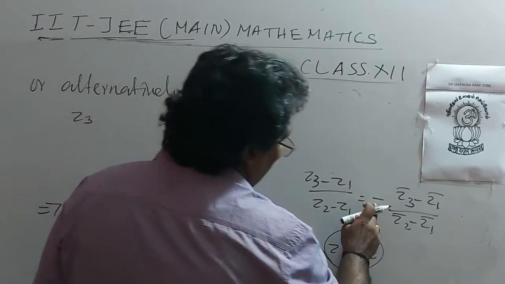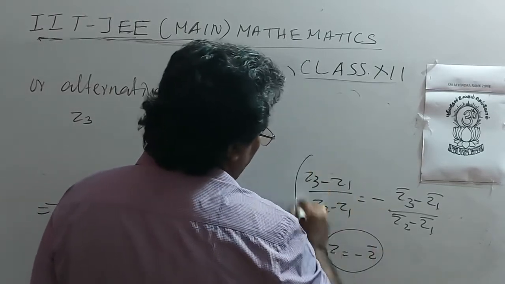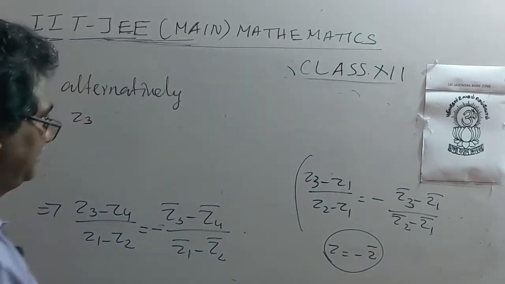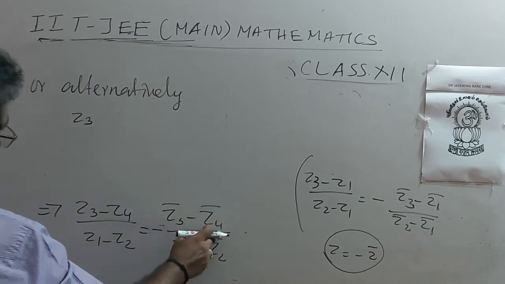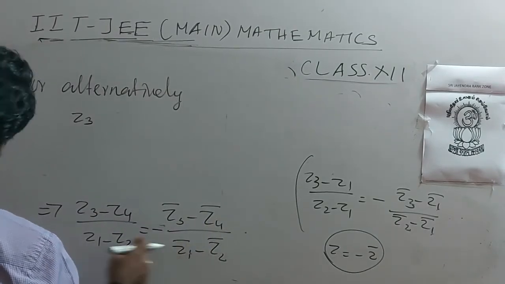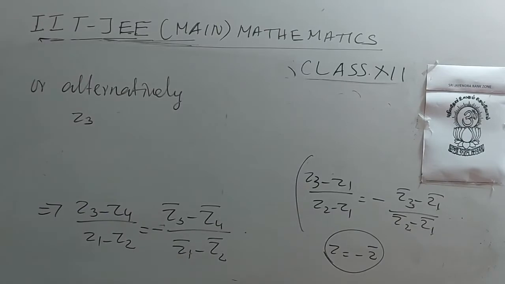If I have missed the minus sign there, just take it. So here Z3 minus Z4 divided by Z1 minus Z2 equal to minus of Z3 bar minus Z4 bar divided by Z1 bar minus Z2 bar.